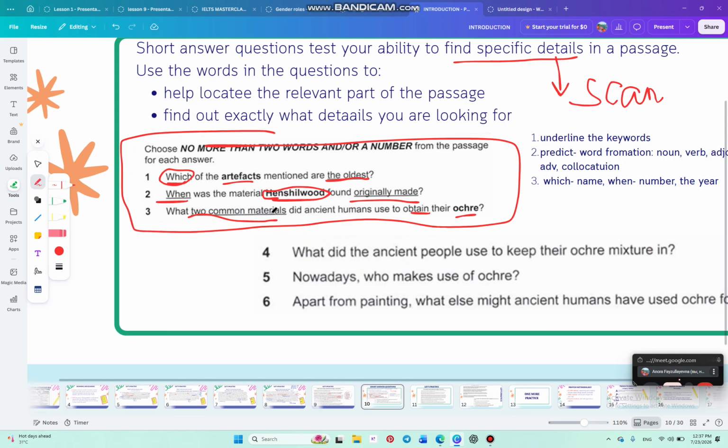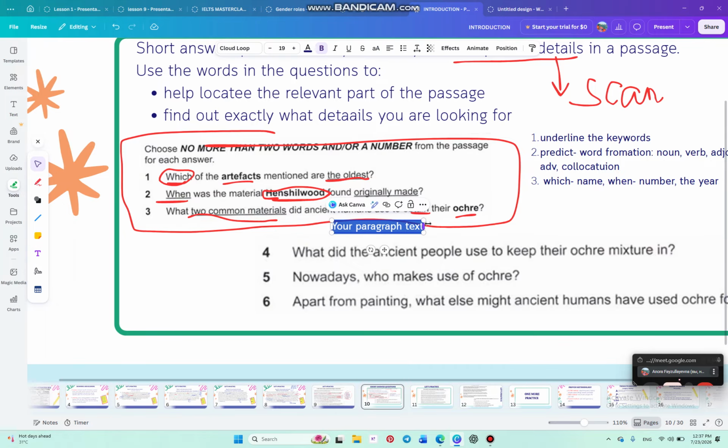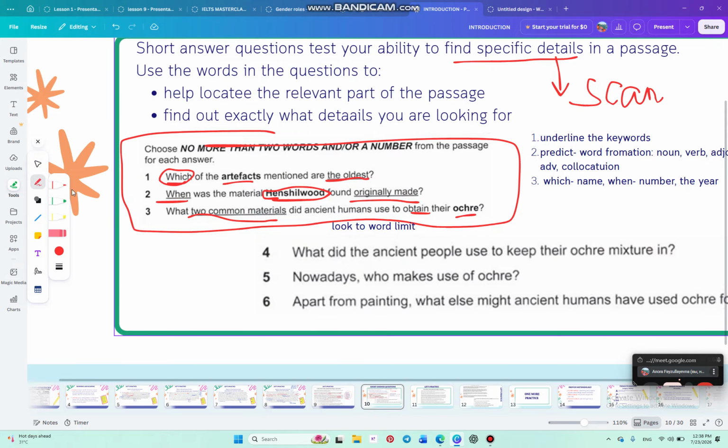In short answer questions, there will be many cases in which you are given two things and you have to write two things. In this case, you should look at the word limit. If you are asked to write only two words, as we are being asked now, then while writing you can only write with a comma.